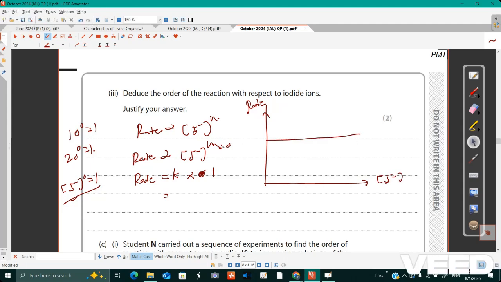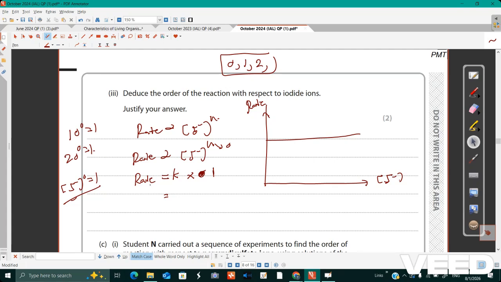Is it understood? Yes, sir. Now you haven't got a line like this, so therefore the order cannot be 0. Usually in your exam, the order is either 0, 1, or 2. These are the only scenarios you are getting. Keep that in mind.